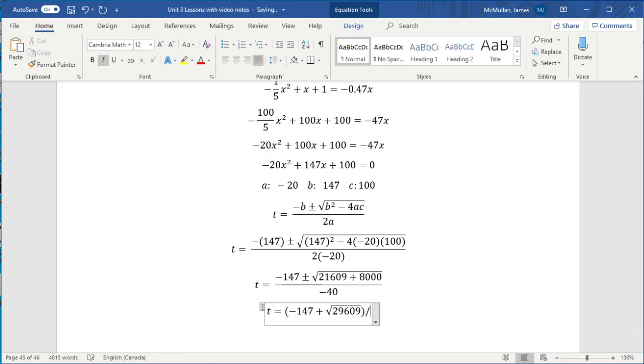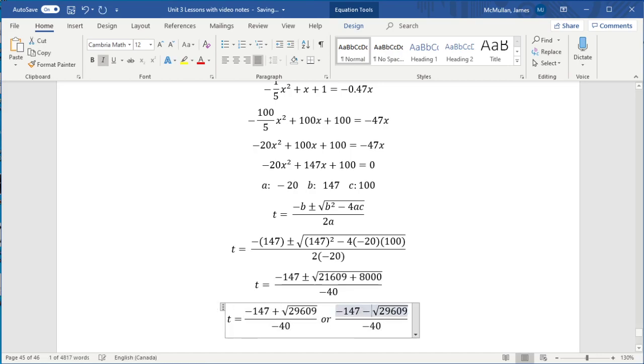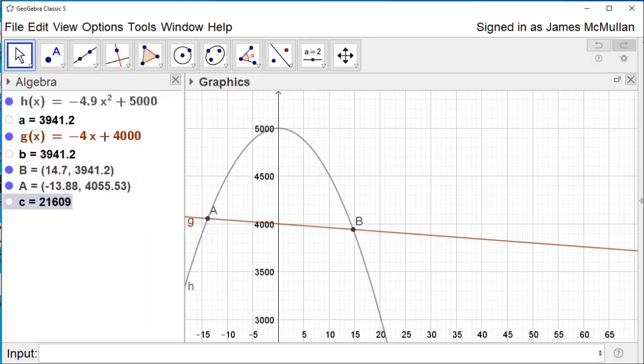Okay, and then the other one with the minus. So the exact same thing, but with a subtraction. All right, now quickly, what would those answers be? So we get -147 plus square root 29609 divided by -40.